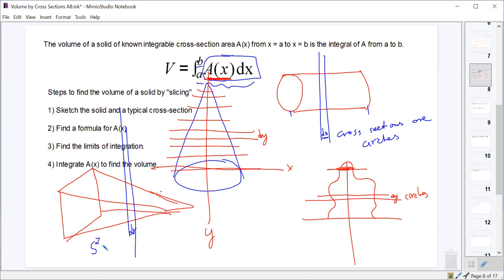The side squared times the thickness, dx, should be the volume of it, and I should integrate it from a to b to find the entire volume of it. I just need to be able to write s in terms of x, right? Up here, as I was trying to do it maybe with a cone, it would look something like pi r squared dy, and I would just have to be able to write the radius in terms of y. Does that make sense?